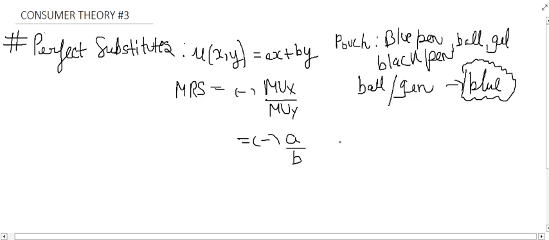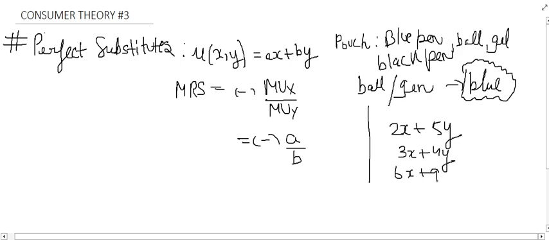Now this a and b can be any constants. For example, we can have U equals 2x plus 5y, 3x plus 4y, 6x plus 9y, or endless utility functions like that. So a and b are basically these coefficients: 2 and 5, 3 and 4, 6 and 9. You must be understanding that. Okay.